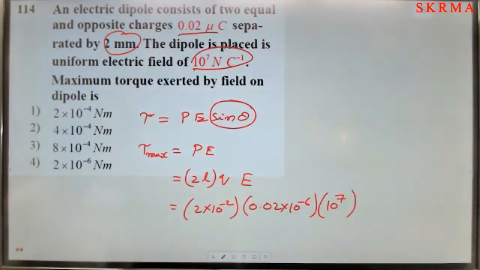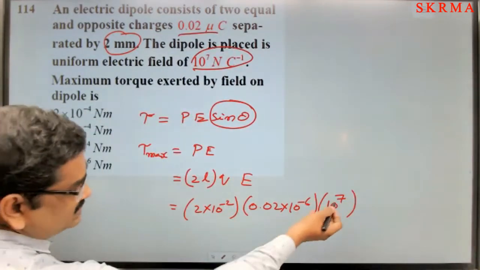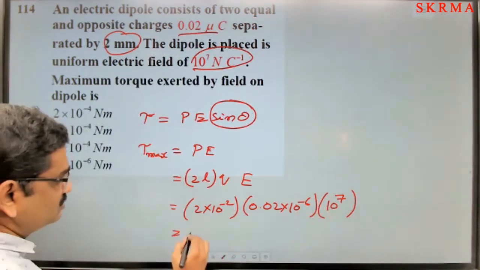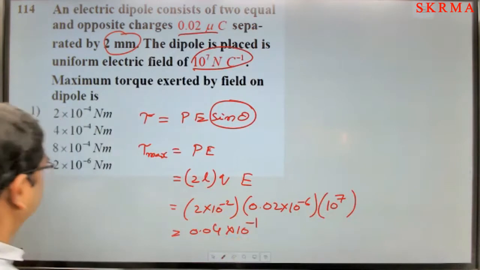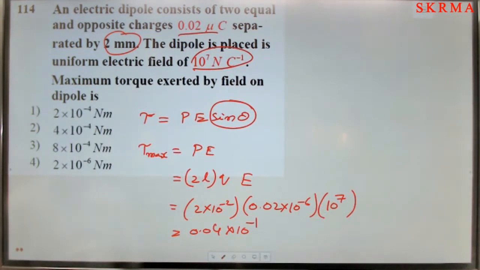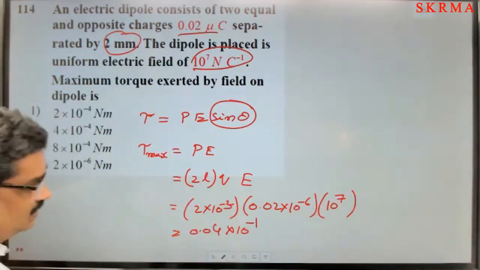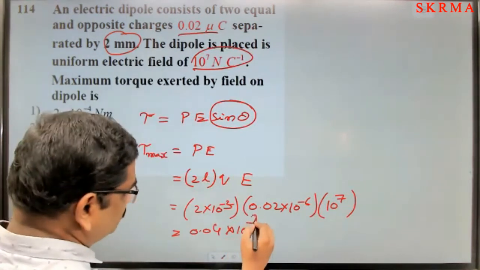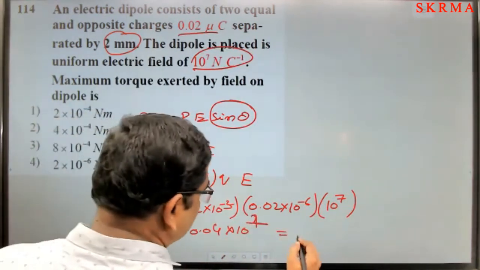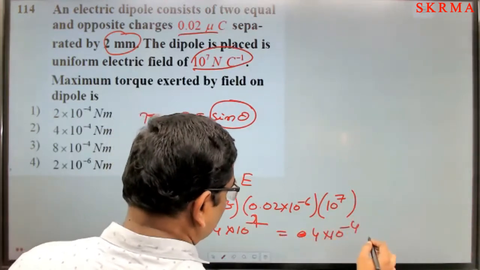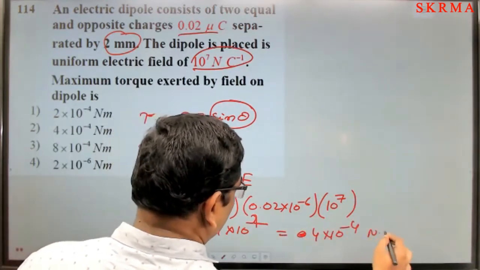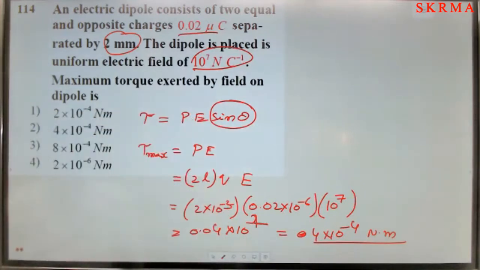Now solve this one. Here 10 power minus 8, 10 power 7 is there. So 0.04 into 10 power minus 1, and 10 power minus 3, so 10 power minus 2. 0.04 into 10 power minus 2, or 4 into 10 power minus 4 Newton meter.